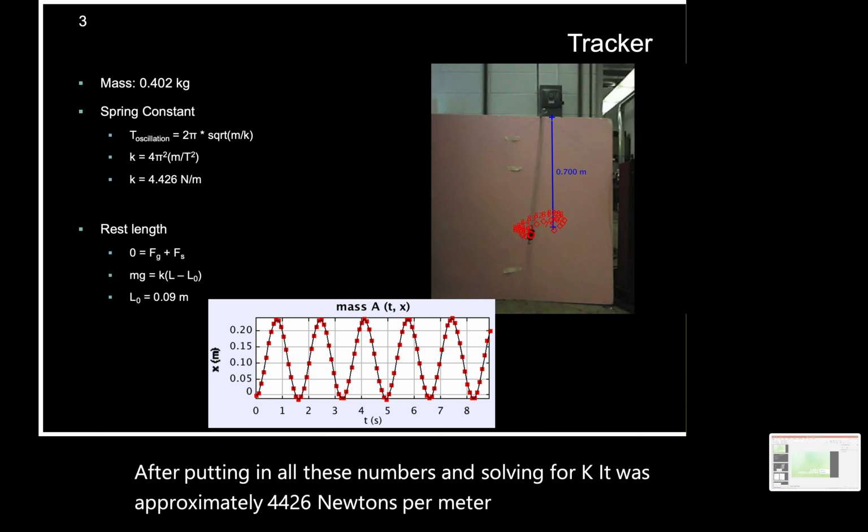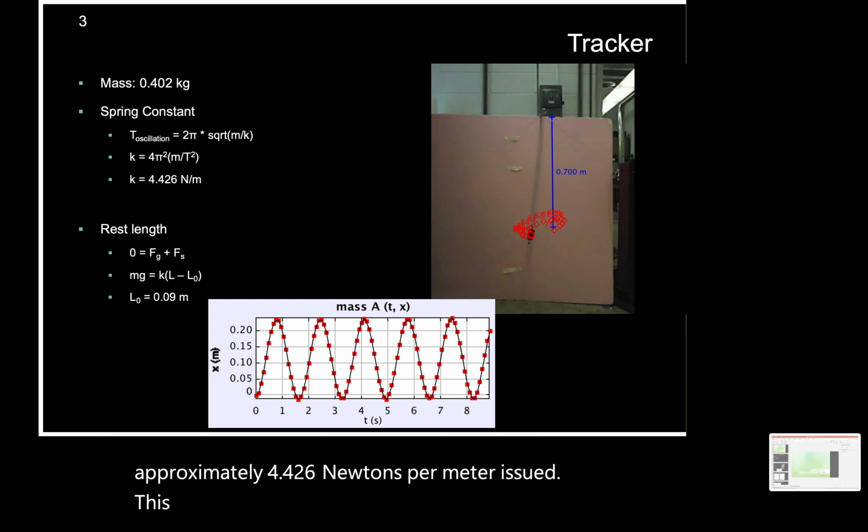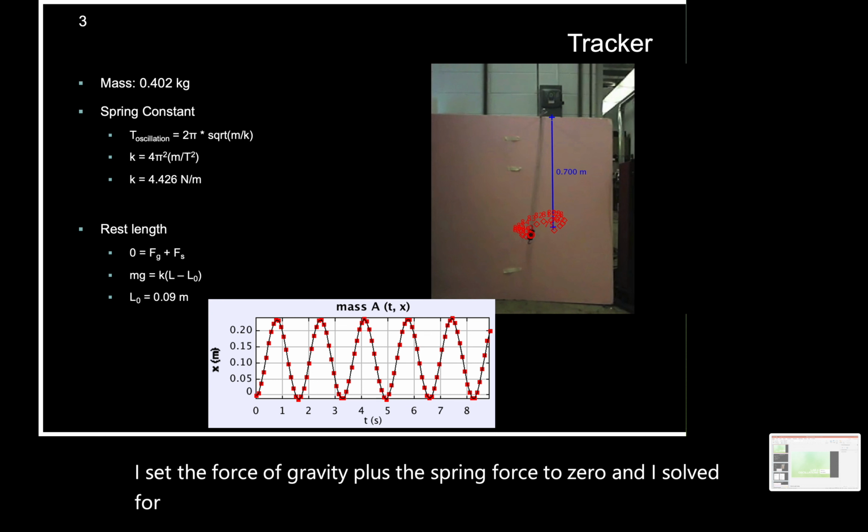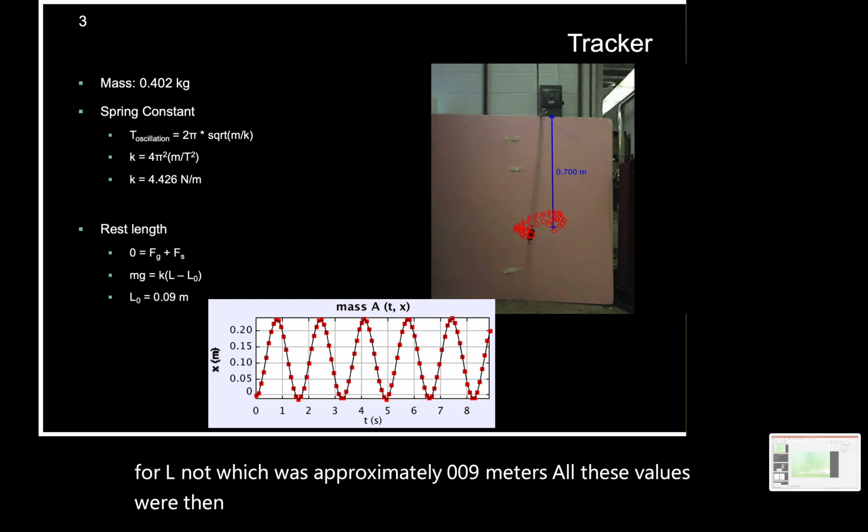I used this value to determine the rest length. I set the force of gravity plus the spring force to 0, and I solved for L naught, which was approximately 0.09 meters. All these values were then put into GlowScript.